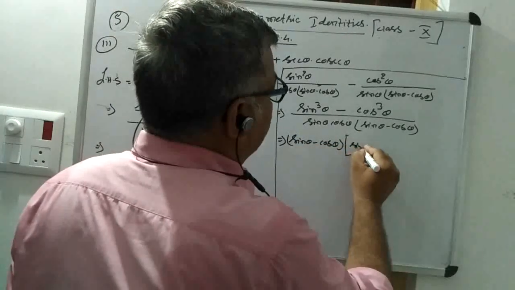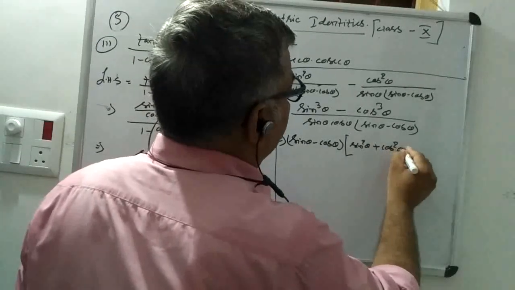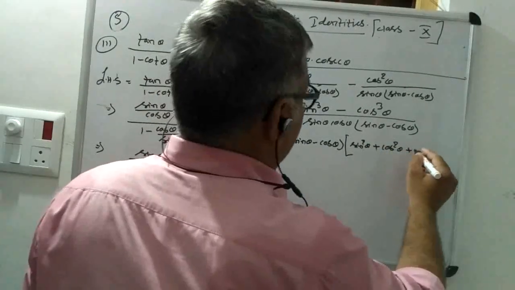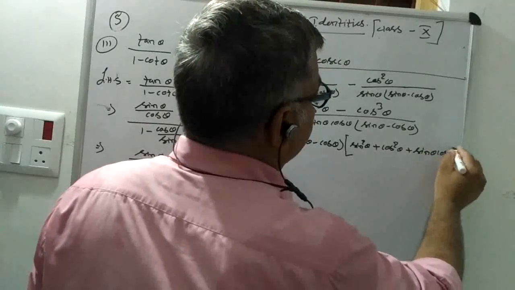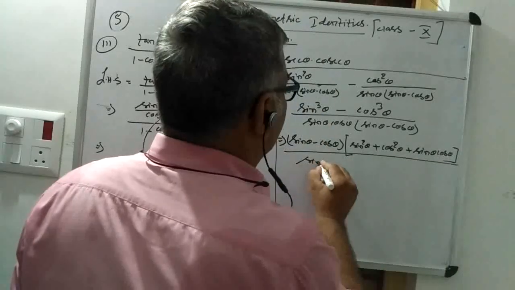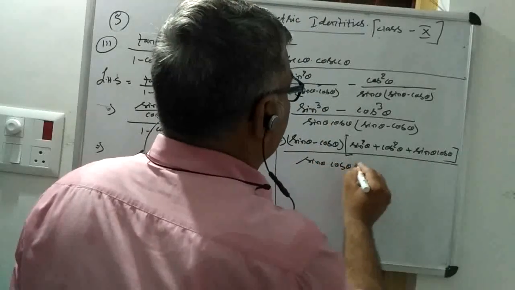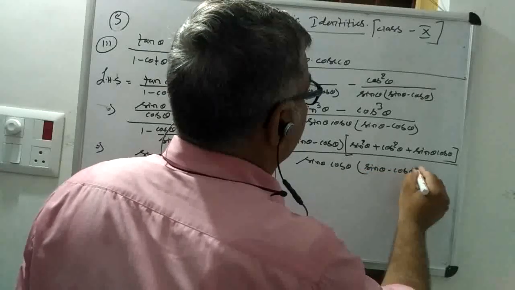So by that identity you can write (sin theta minus cos theta) into (sin squared theta plus cos squared theta plus sin theta cos theta) by sin theta cos theta into (sin theta minus cos theta).